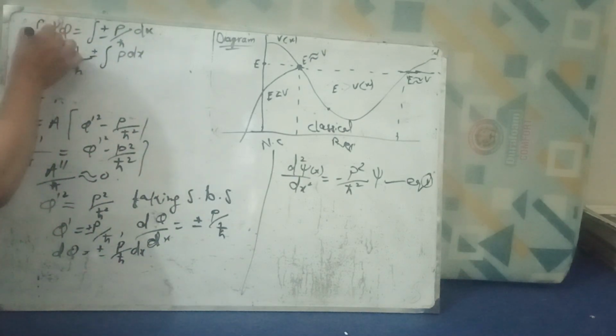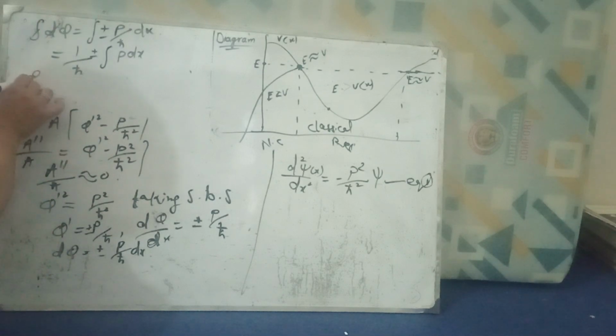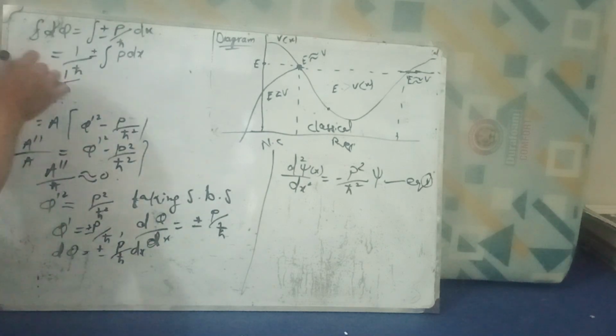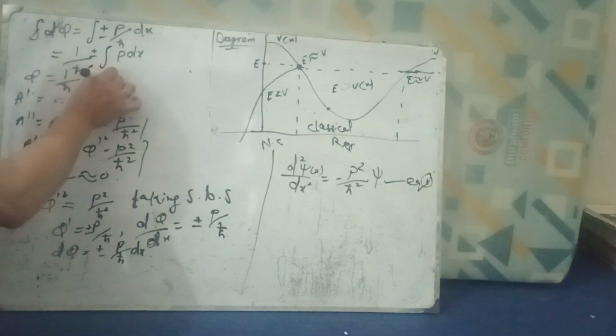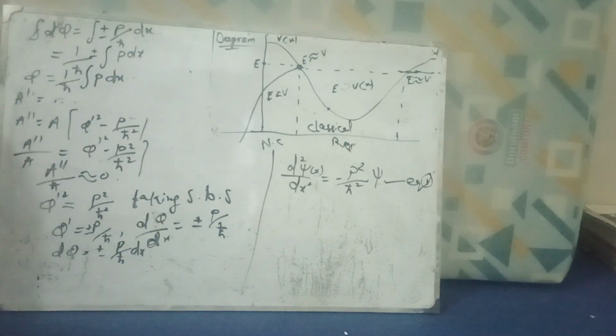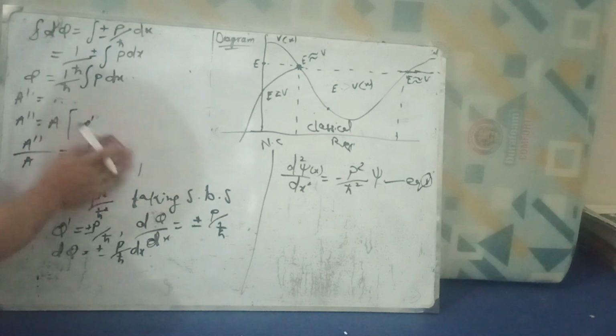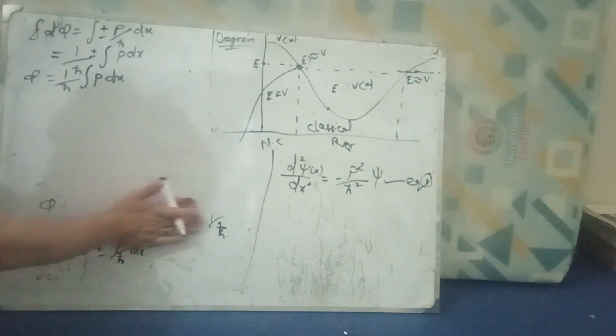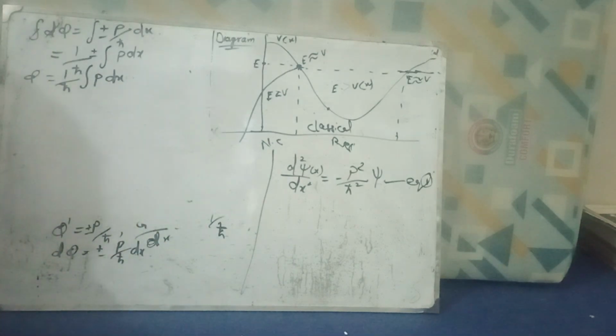The plus minus d will be cancelled, so phi will be equal to 1 over h cut integral p dx. This is the value of phi x.